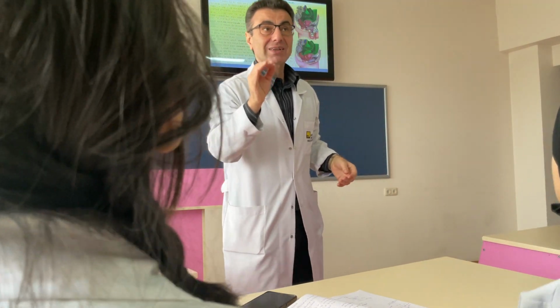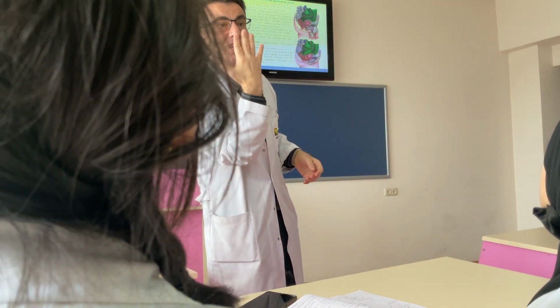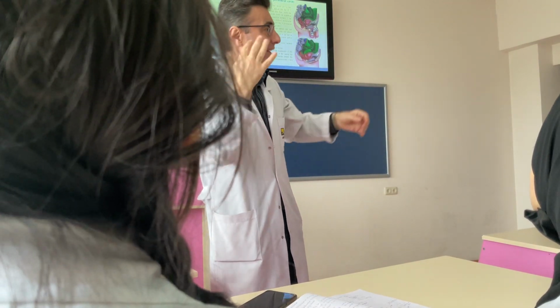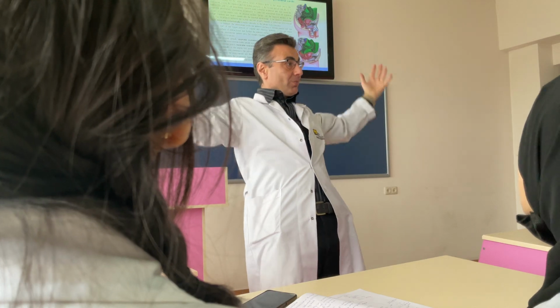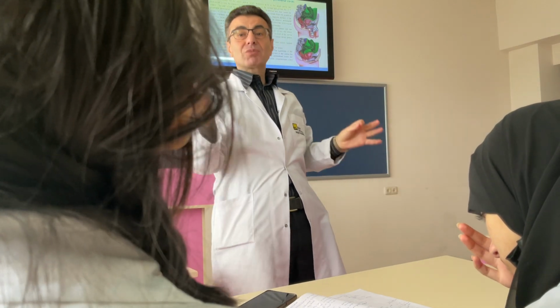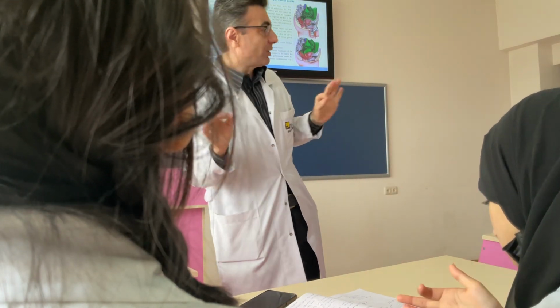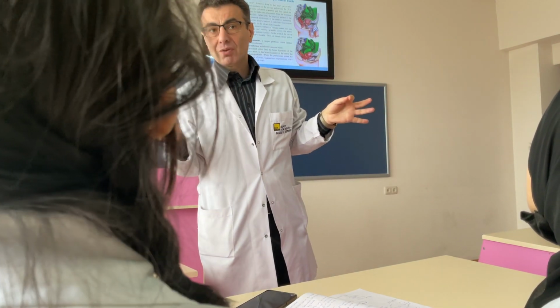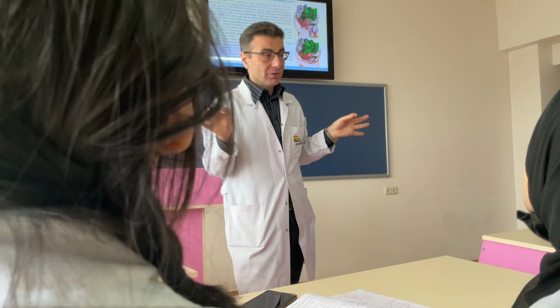Remember please, the bladder isn't covered by peritoneum from in front. The full bladder is covered from up and from sides. It becomes mesoperitoneal, but not intraperitoneal. Is it understandable for you?